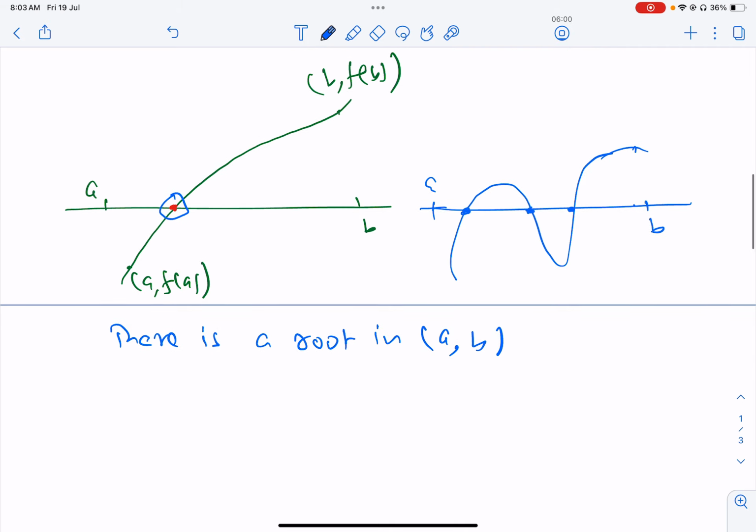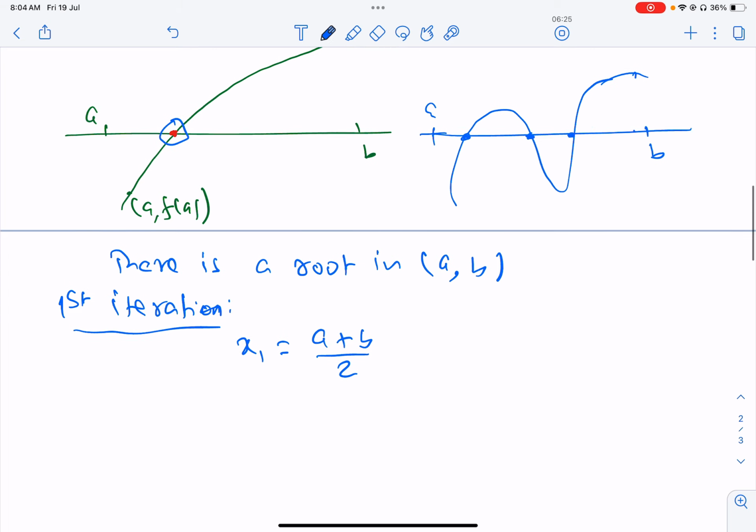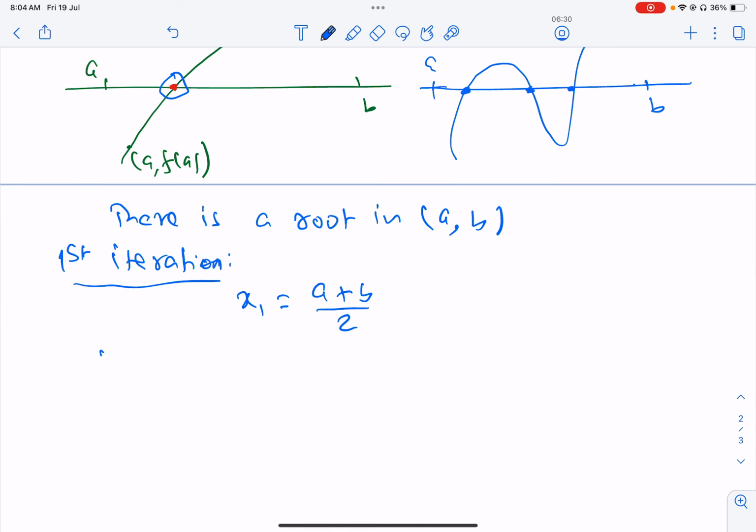Now, as a first iteration, we say x1 is the midpoint of a and b. That is x1 equal to (a plus b) by 2. Now we need to check f of x1.